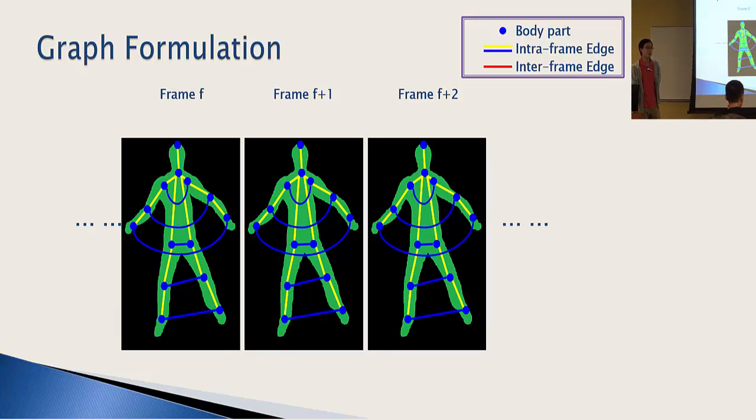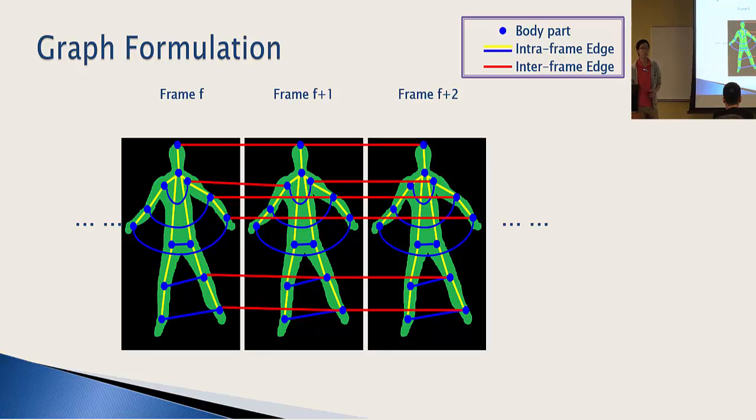Also, since we are doing pose estimation for videos, there should be some connection between the body parts in different frames. So these red edges represent the inter-frame edges, which means that the edges are across frames.